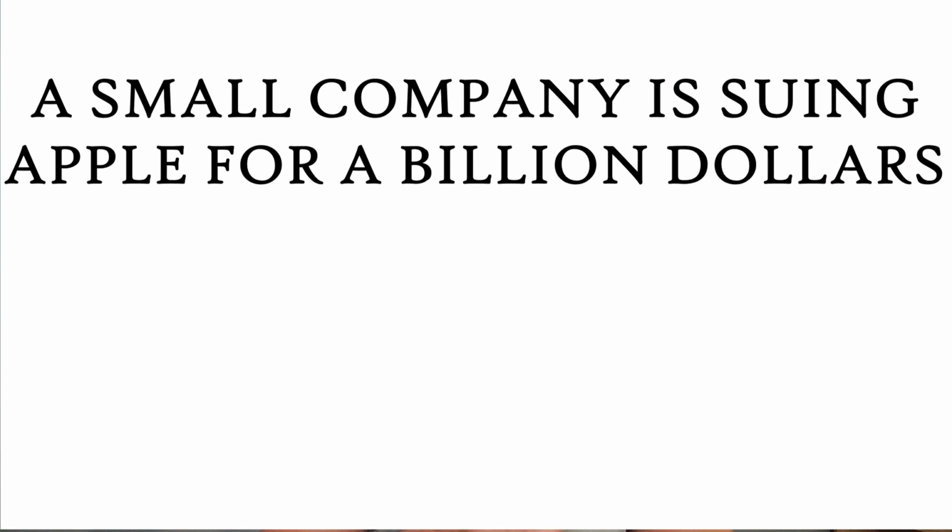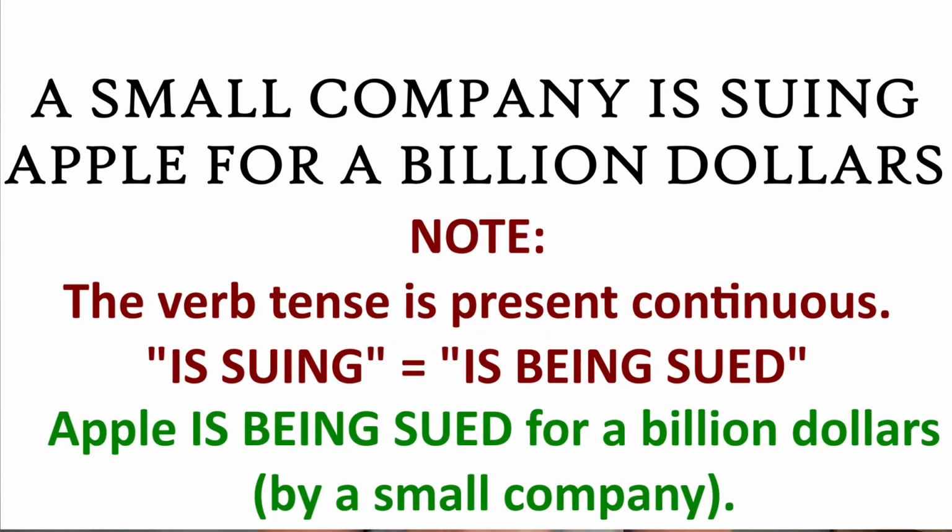Let's look at another one, a different verb tense. A small company is suing Apple for $1 billion. You think Apple is more important. So you start with the object Apple. Now, what is the verb tense? Present continuous. So it says is suing.